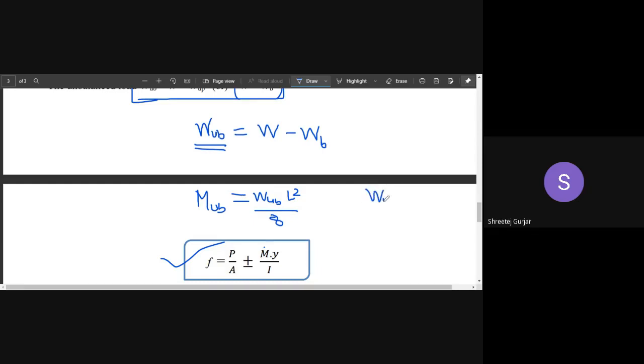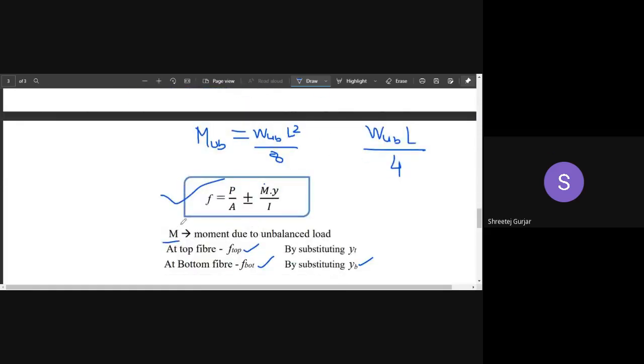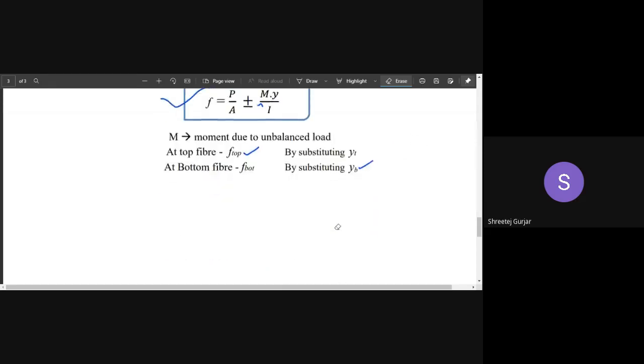It will be WUB L by 4. Depending upon this, we will calculate the moment, then substitute that moment here, and calculate the stresses at top fiber or at the bottom fiber. I hope this concept is clear. After this, we will be moving on to your numericals.